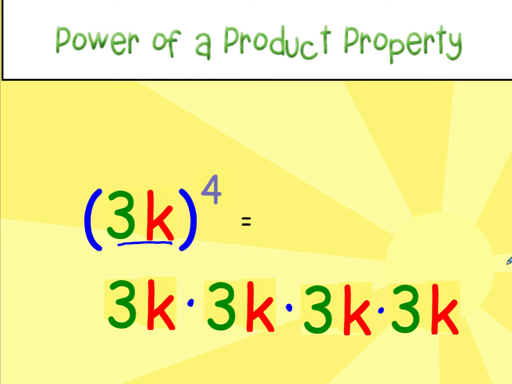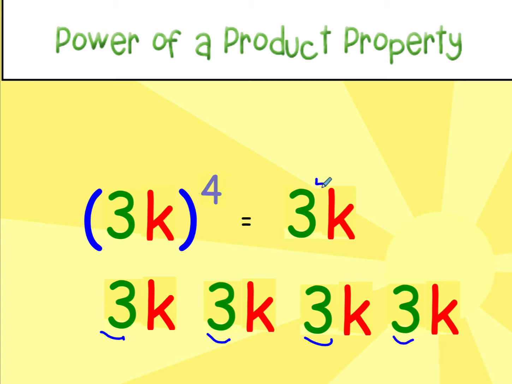So now if I was to take this and write it in simplified exponential form, I would go ahead and count the number of 3's I'm multiplying, which would be 4. So I would do 3 to the 4th power. And then I would count the number of k's, which would be 4.